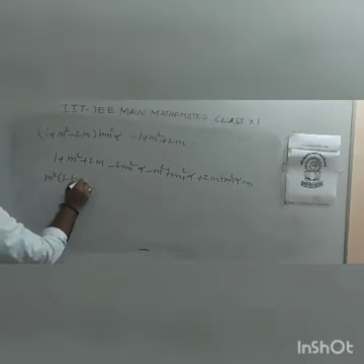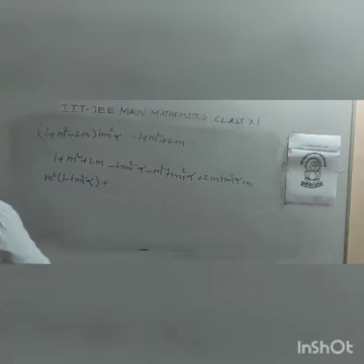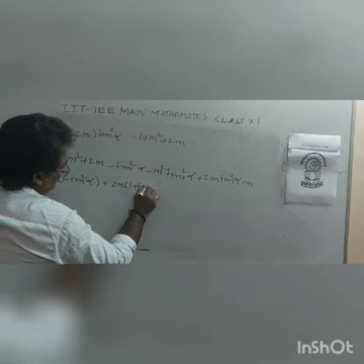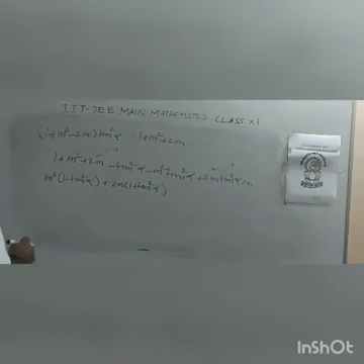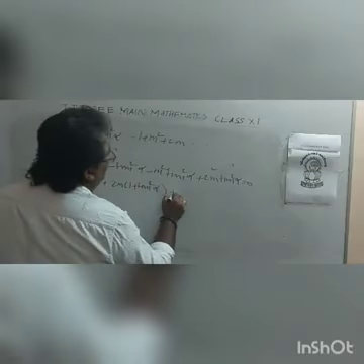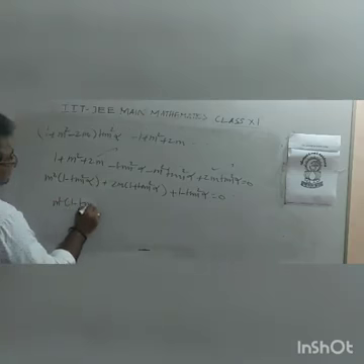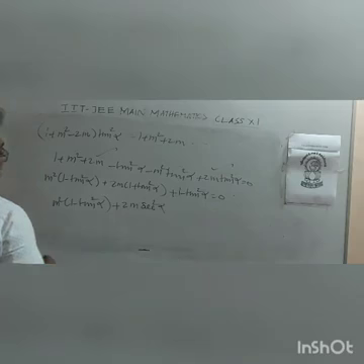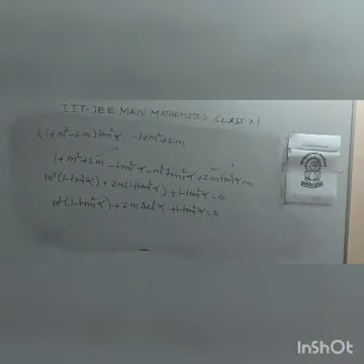So m squared into 1 minus tan square alpha, plus 2m into 1 plus tan square alpha, that is, if you take 2m in common, plus 1 minus tan square alpha equal to 0. So m squared into 1 minus tan square alpha plus 2m secant square alpha plus 1 minus tan square alpha equal to 0.